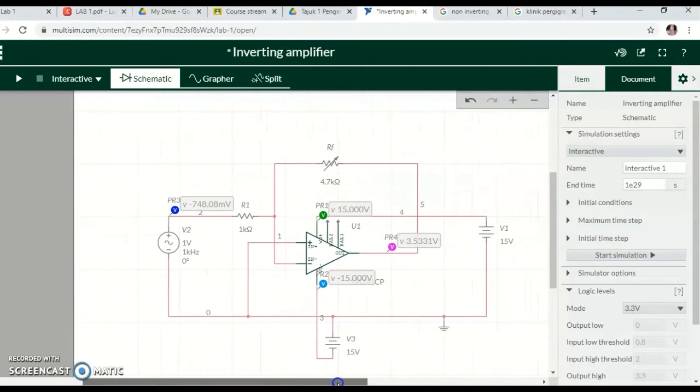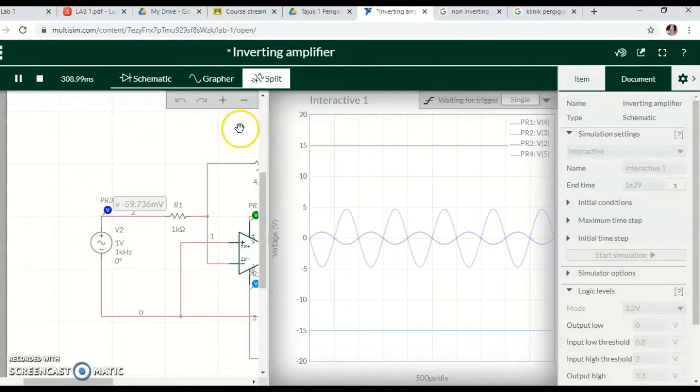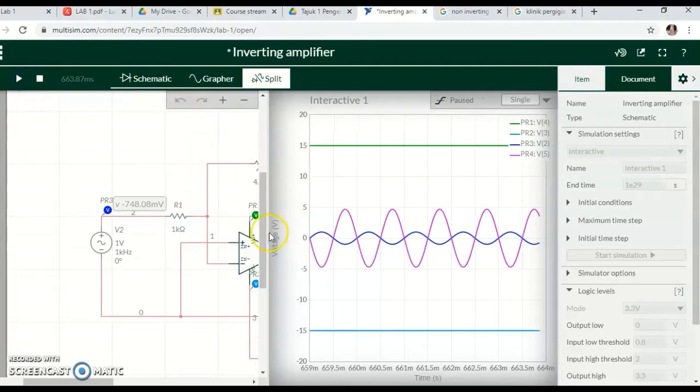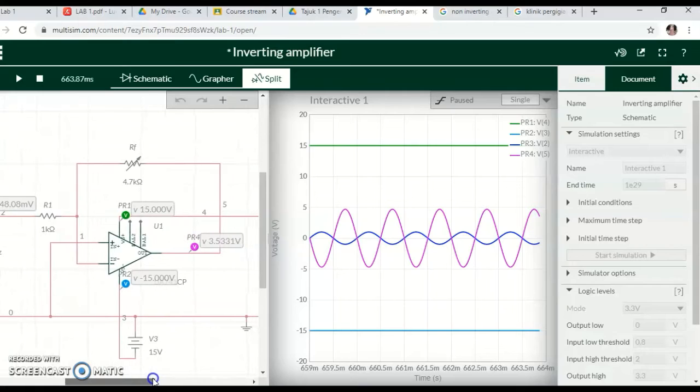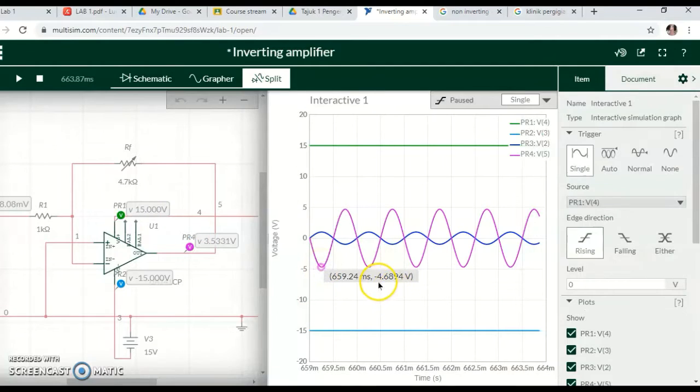Then for the first one, for the inverting amplifier, we need to connect R1 1 kilo ohm and RF 4.7 kilo ohm. After that, click run, then pause. For the 4.7 kilo ohm RF, we get a V out of negative 4.6894 volt.